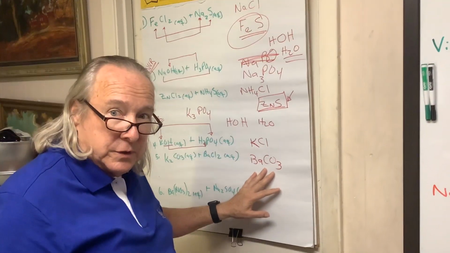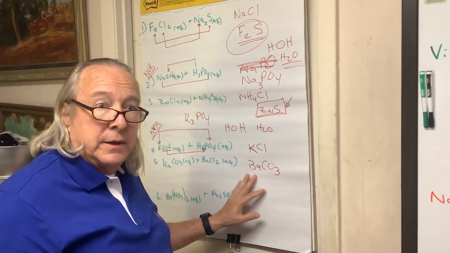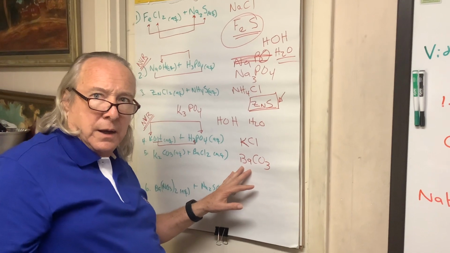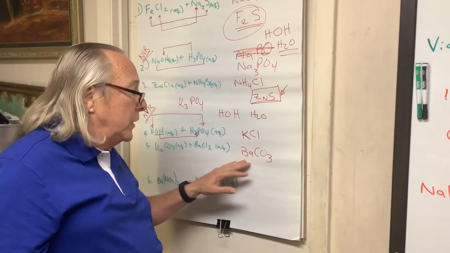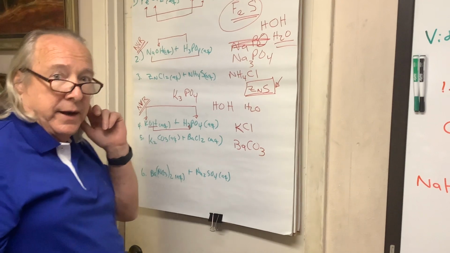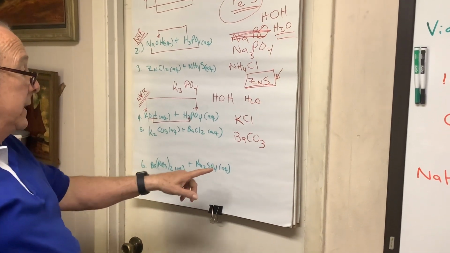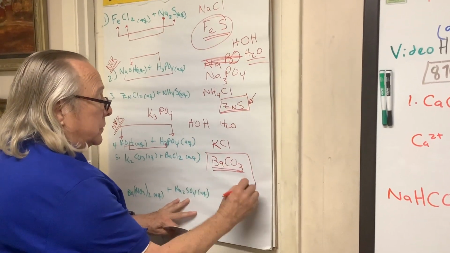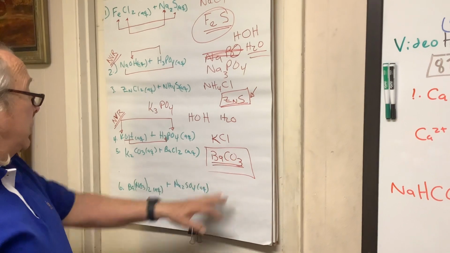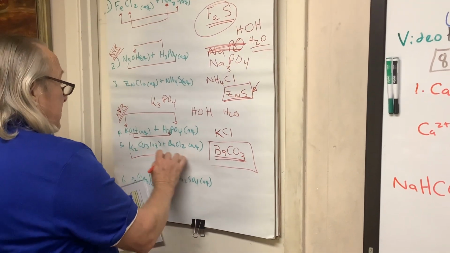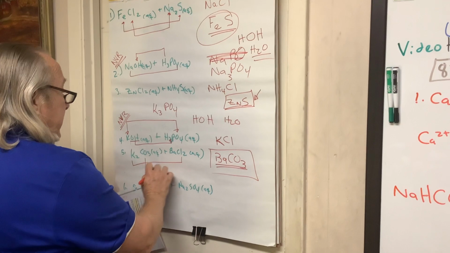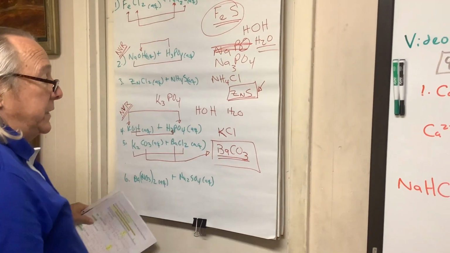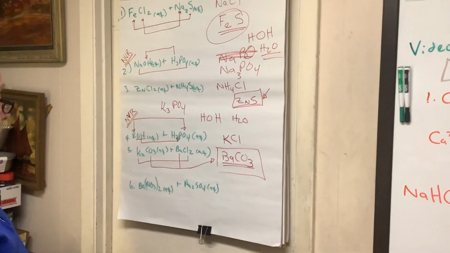Barium carbonate is a carbonate, and this barium, this group 2 alkaline earth metal, forms an insoluble salt with the carbonate anion, and this one forms a precipitate. When I mix these two solutions together, barium and carbonate will come together to form the insoluble barium carbonate precipitate.